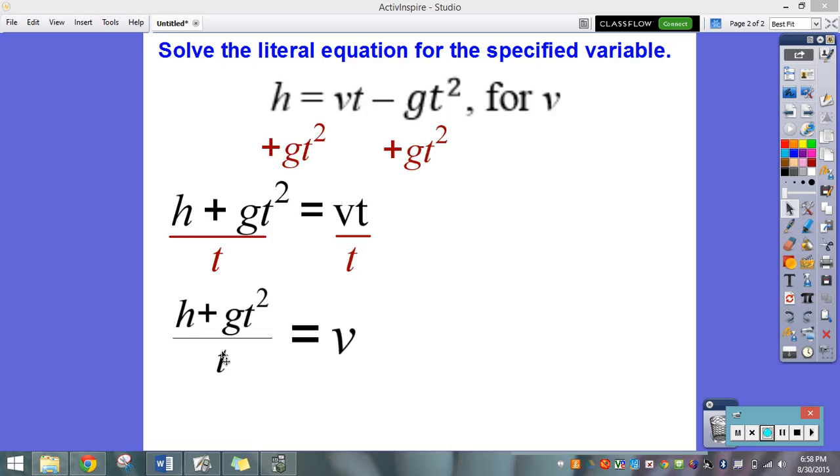So if I continue to simplify, my final answer would be h over t plus gt squared over t, which could also be reduced because there's a t on top and bottom. The resulting equation would be h over t plus gt equals v. V is isolated, so I have solved the literal equation for v.